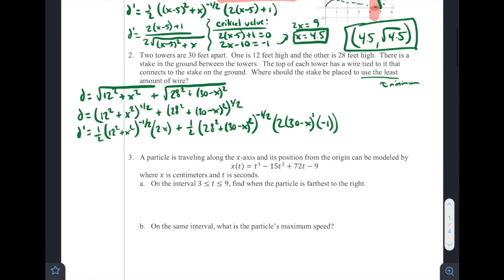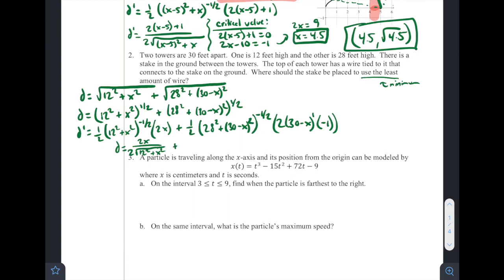So if we want to rewrite this, again, I'm going to try to rewrite this in such a way that we don't have any negative exponents. We're going to have, let's see, 2x. So d prime is equal to 2x divided by 2 times the square root of 12 squared plus x squared. Not a ton of room here. My apologies.